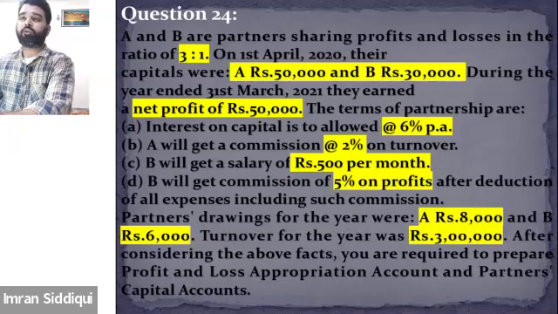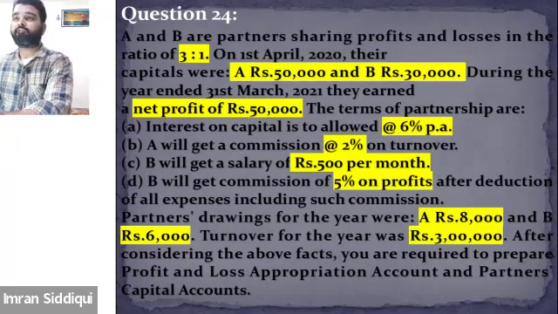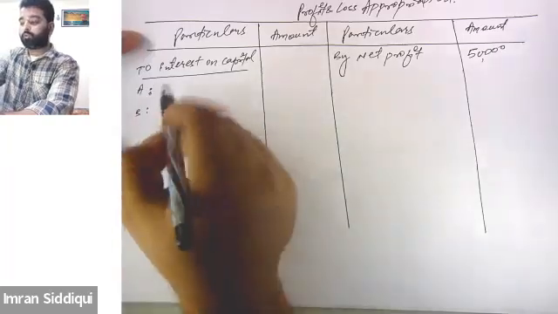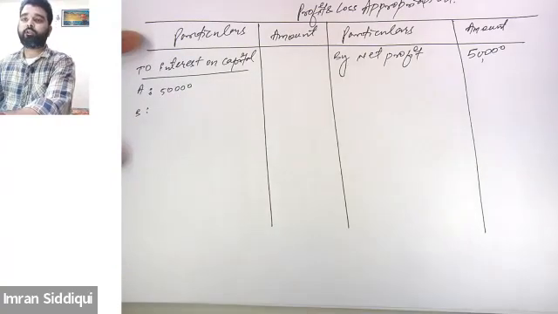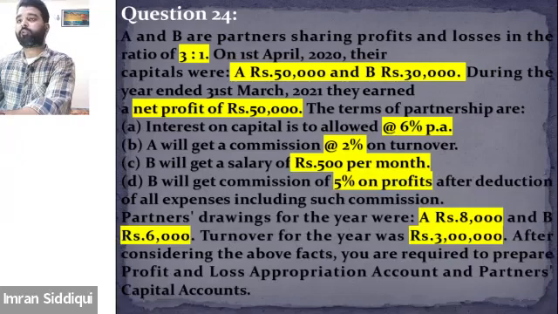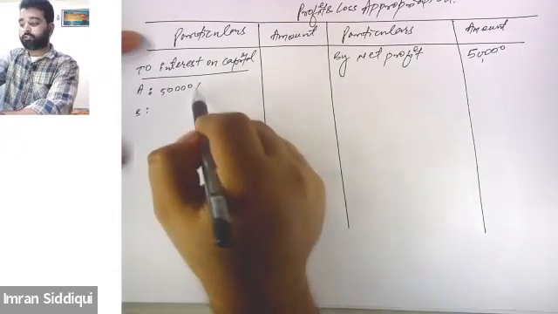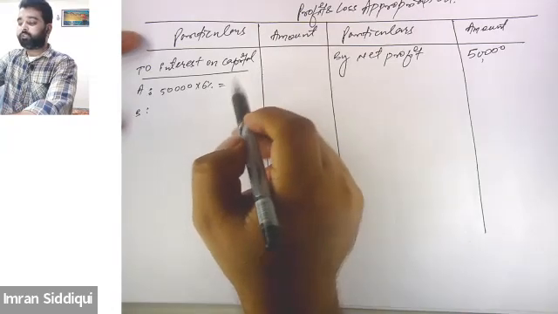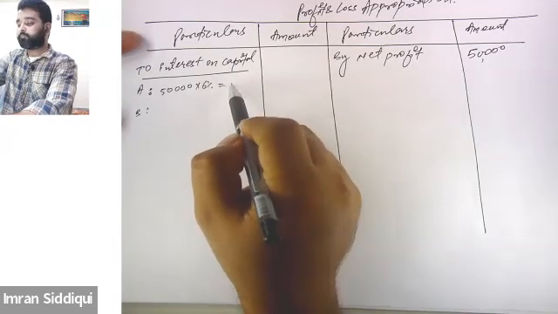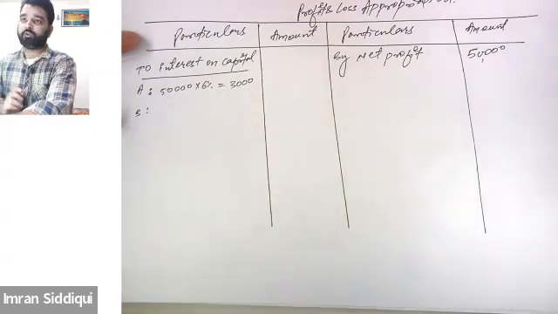So capital contributed by A and B are 50,000 and 30,000. On 50,000, we will calculate interest at the rate of 6% per annum, right? So at 6% per annum, that means annually Mr. A is going to get 3,000 as interest on capital.